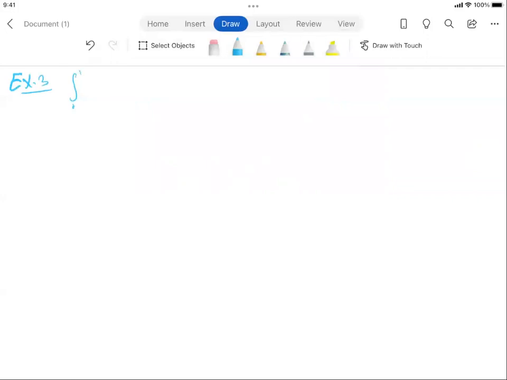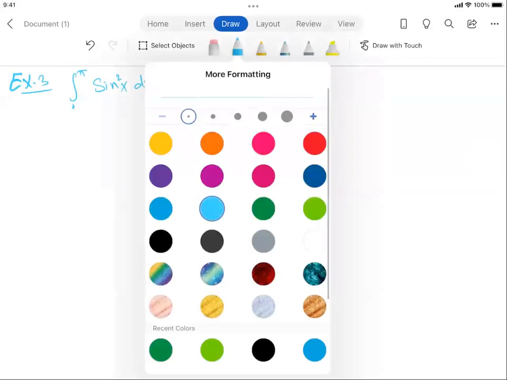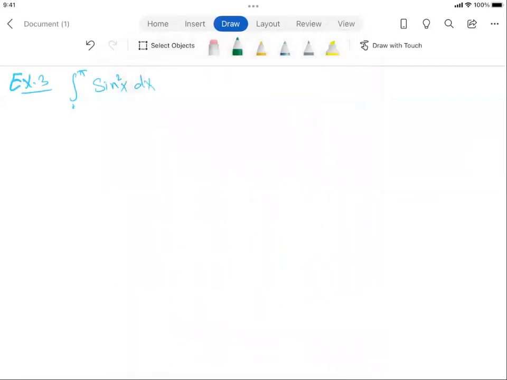It's the definite integral from 0 to pi of sine square of x dx. Well, for this problem, we need a different identity. So let me remind you which identity we need.